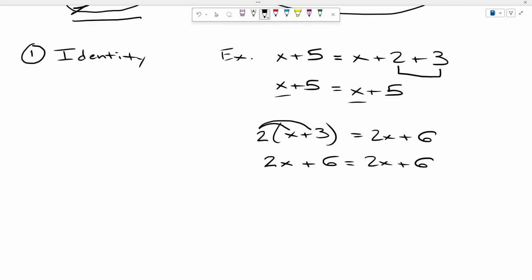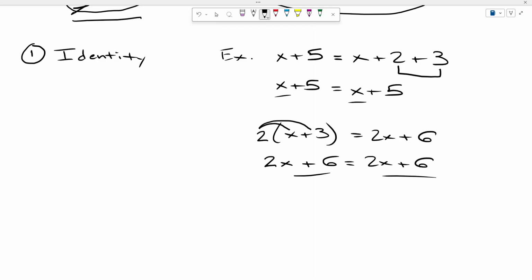We have the same thing on both sides. Doesn't matter what we put in for x, we will still end up with the exact same thing. So an identity is an equation that would be true for all real numbers. Whatever we put in for x, this will be true.